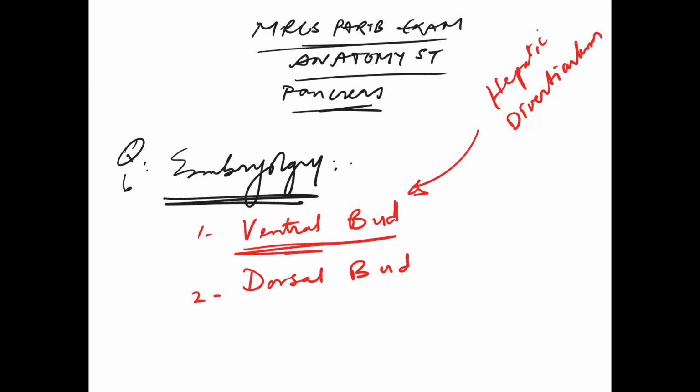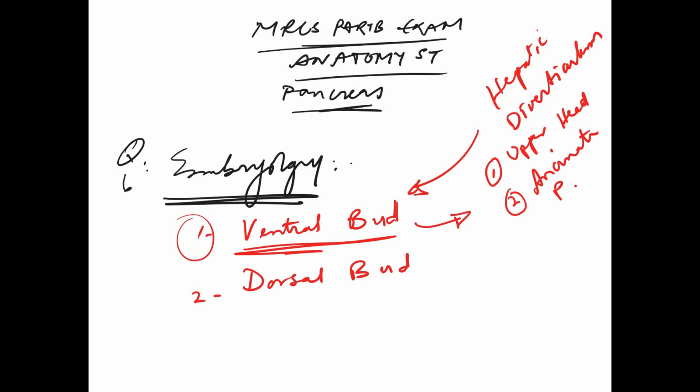And there is another hidden agenda here, that this ventral bud forms, number one, the upper part of the head of the pancreas, and it forms the uncinate process. So this part has three points that you want to mention. The ventral bud comes from the hepatic diverticulum, and it produces the upper part of the head of the pancreas and the uncinate process.